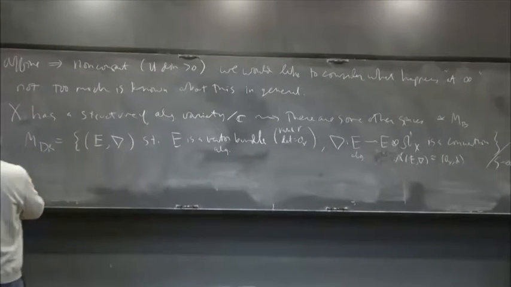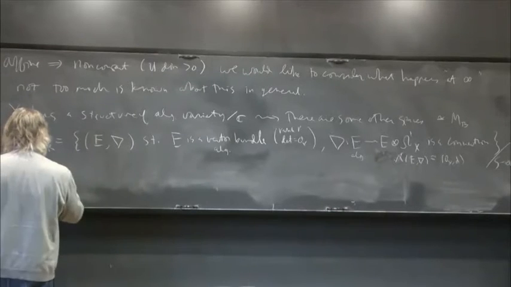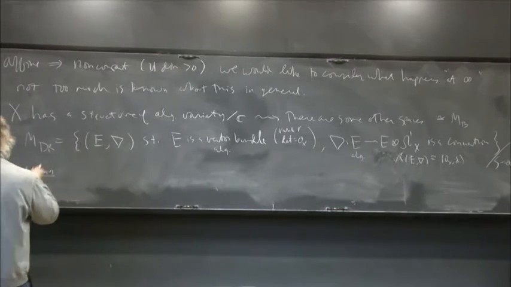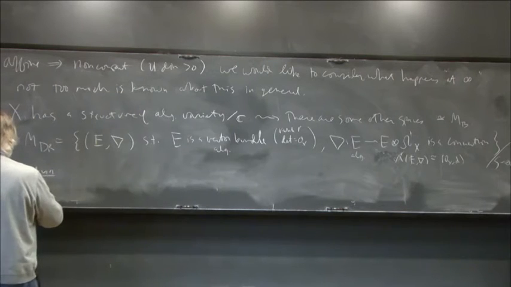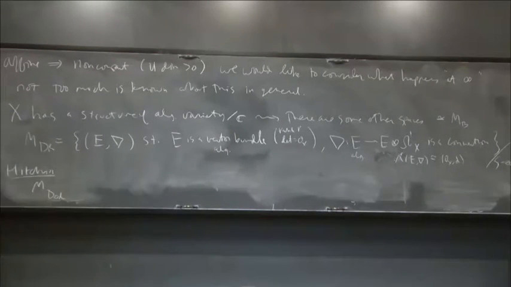Then Hitchin introduces a new moduli space, which we could call MH for Hitchin or Higgs, but let's just call this M Dolbeault because that fits into a more motivic kind of picture.